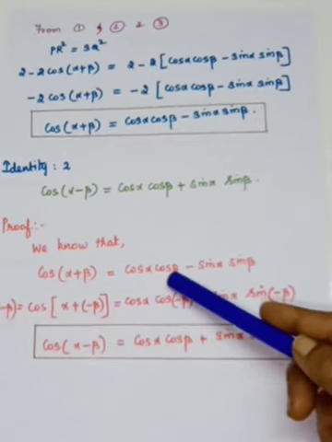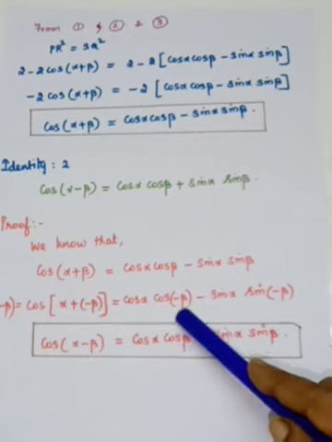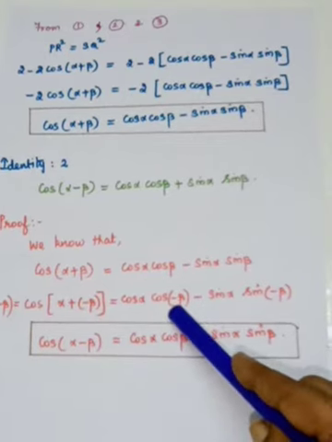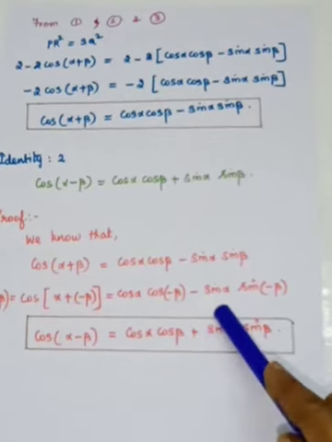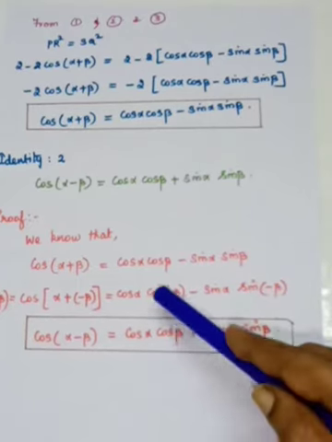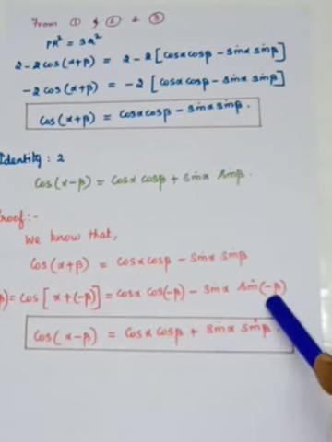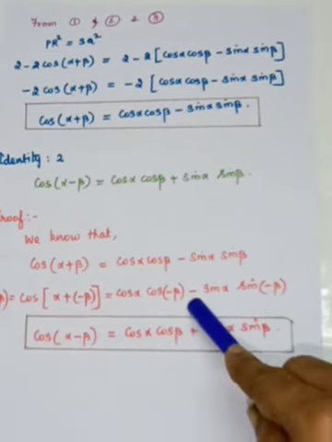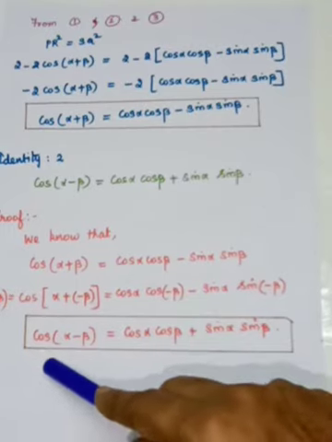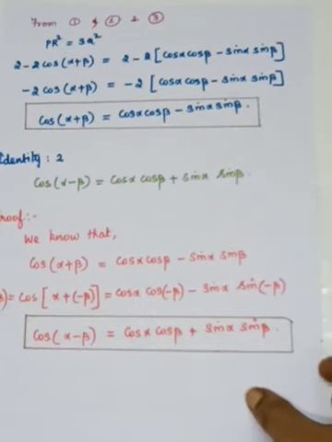Take the previous result and substitute minus beta for beta. Then cos alpha, cos of minus beta, minus sin alpha, sin of minus beta. What is cos of minus theta? Cos theta. What is sin of minus theta? Minus sin theta. So here it will become plus. Therefore cos of alpha minus beta is cos alpha cos beta plus sin alpha sin beta.